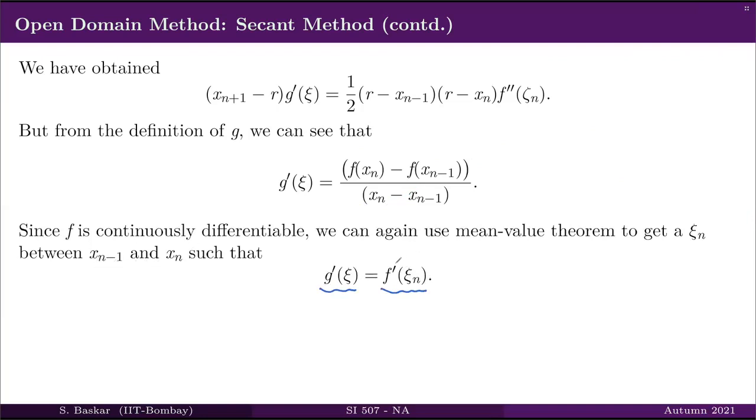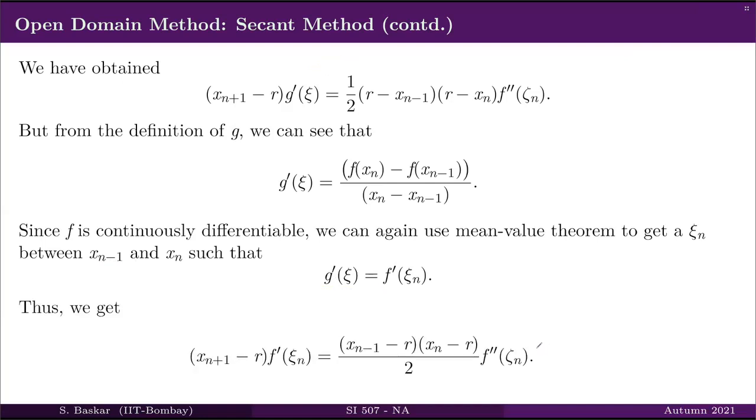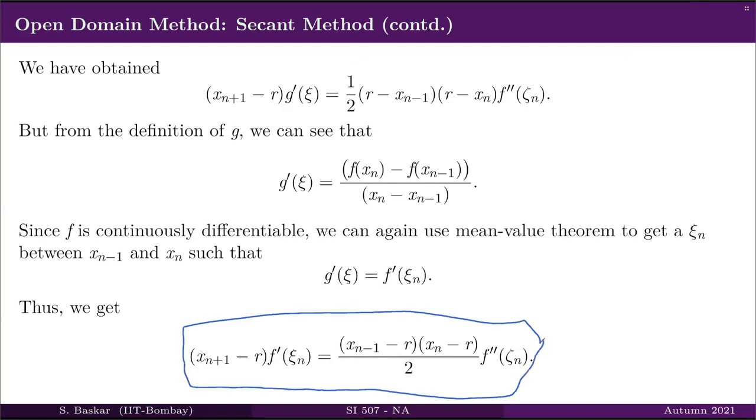Now you see, we got exactly what we want. You just substitute this into this expression to get what we actually want to show. This expression is the key for proving all the conclusions that we have listed in the theorem. Let us see how to use this expression to prove the convergence first.